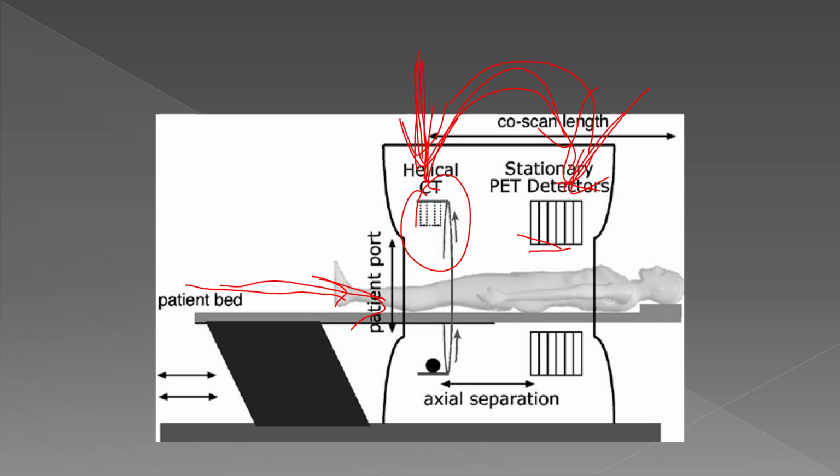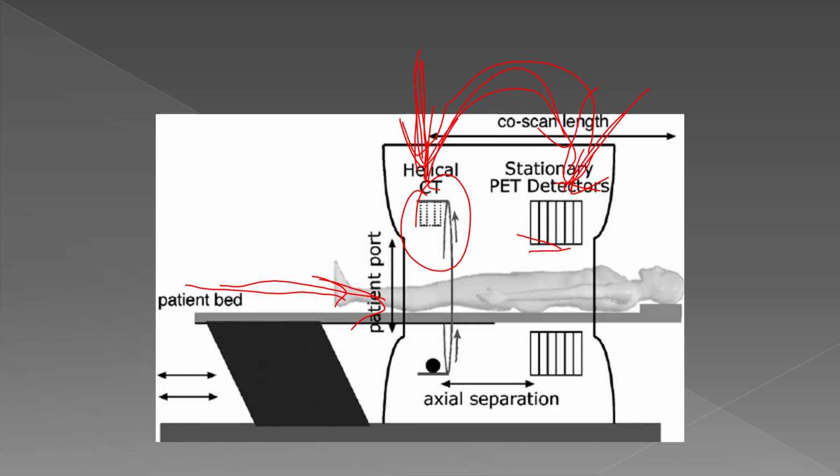But if you're doing diagnostic CT and the patient is getting their diagnostic CT and their PET scan at the same time, if they are getting contrast with their study, then you would want to do a quick attenuation correction CT before the PET, and then do the CT with contrast after the PET scan.